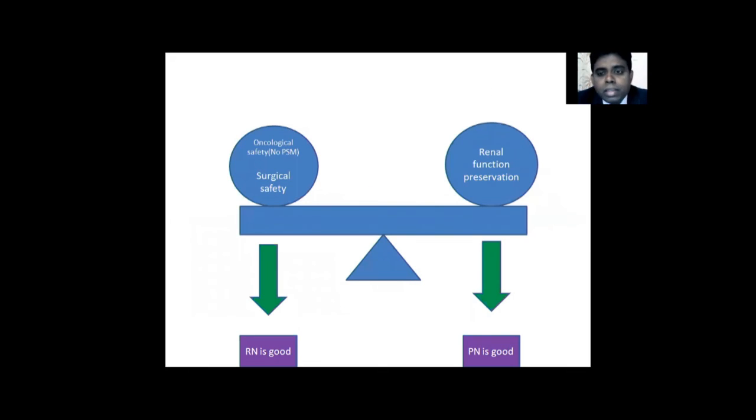When we are managing renal cancer, we have to balance two things. One is the oncological safety and fewer surgical complications on one side. On the other side, we have to balance renal function preservation.